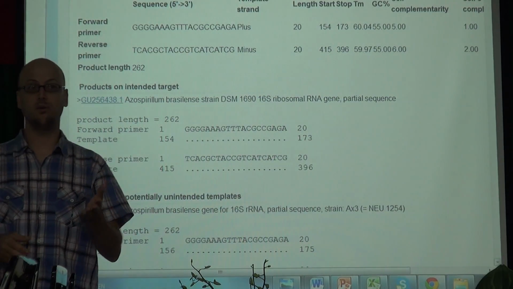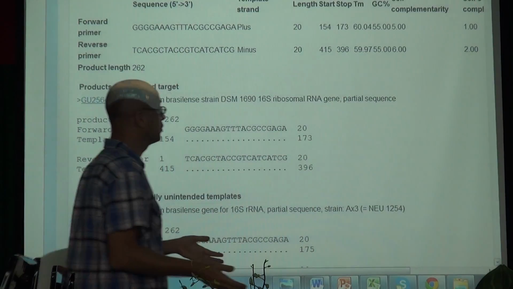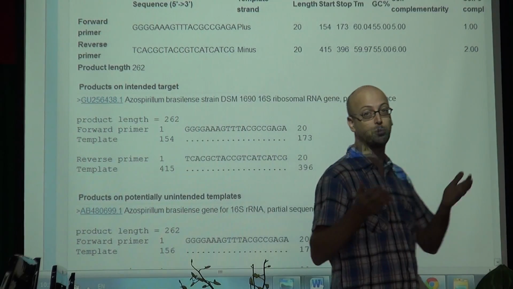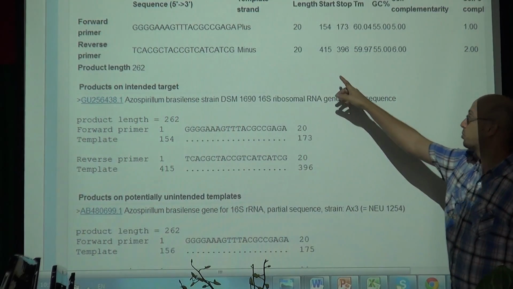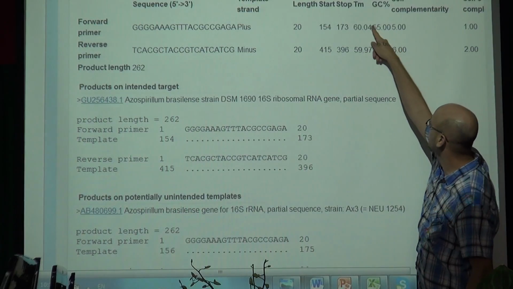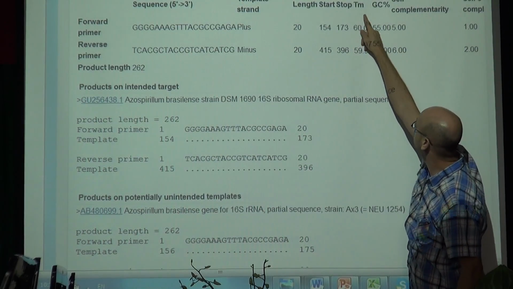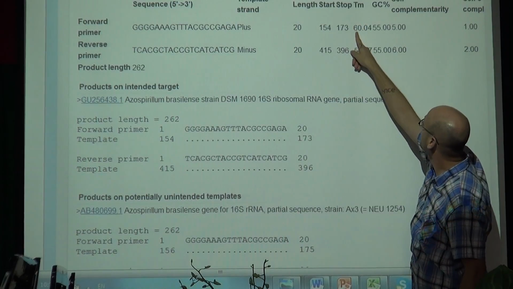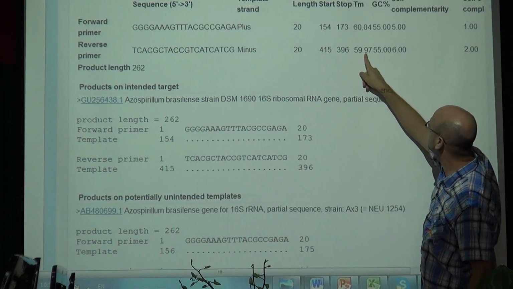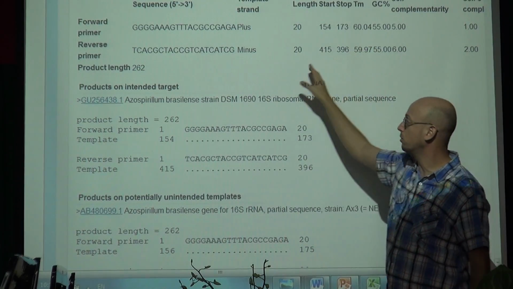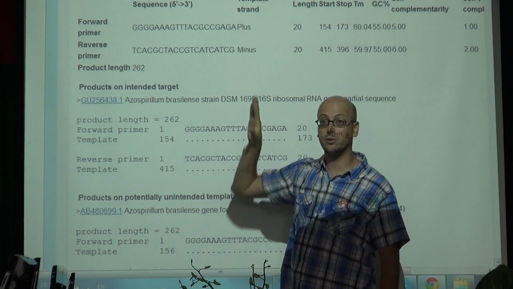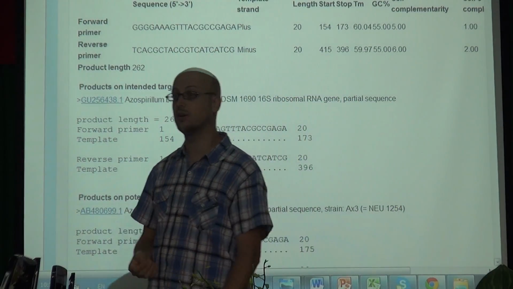So how do you know which annealing temperature to use? It depends on the primers. This primer pair, for example, you see here the temperature of melting. This one is 60, this one is also 60. So for this primer pair, you will use an annealing temperature of 60 degrees.